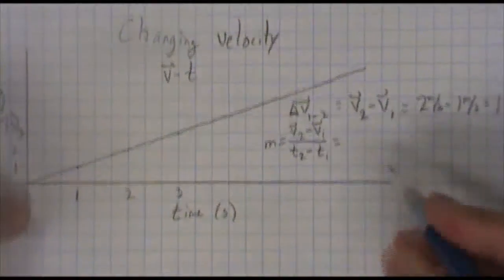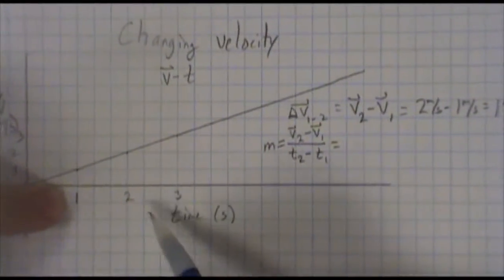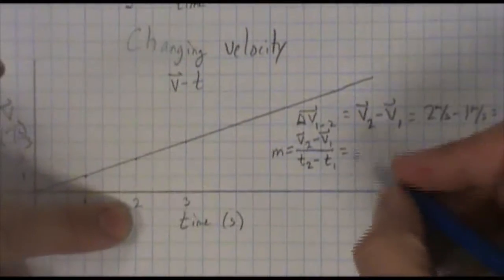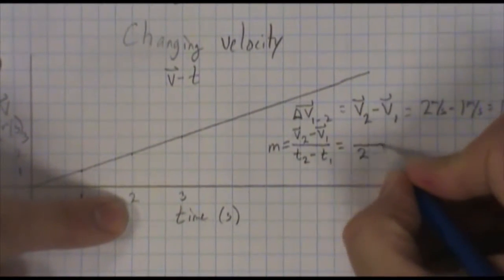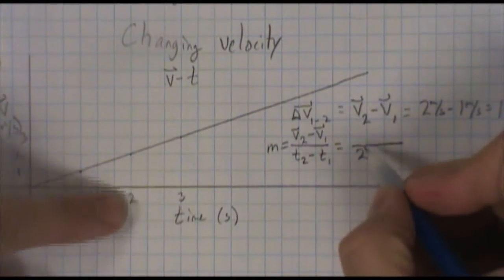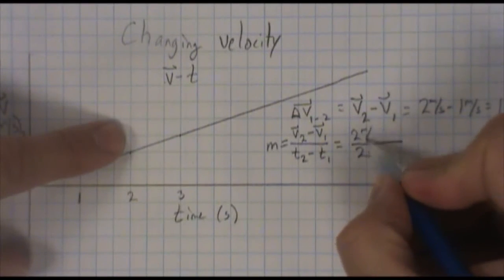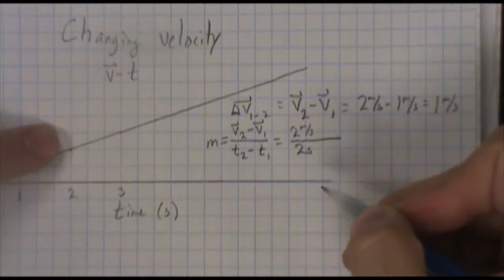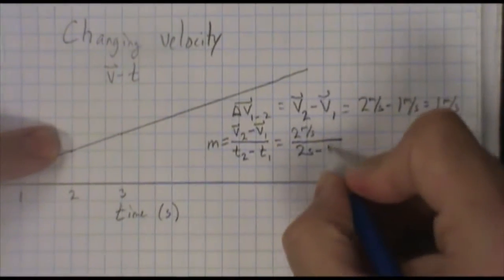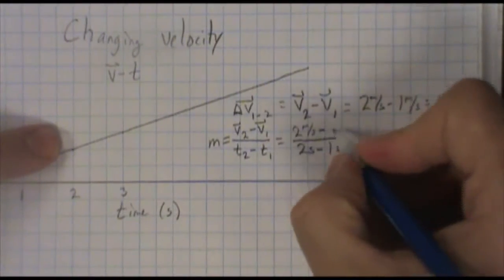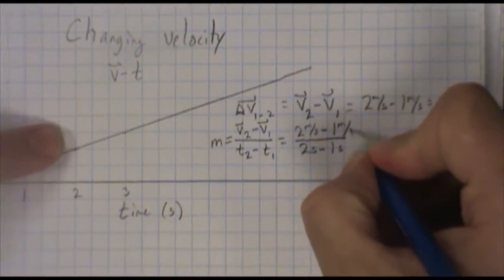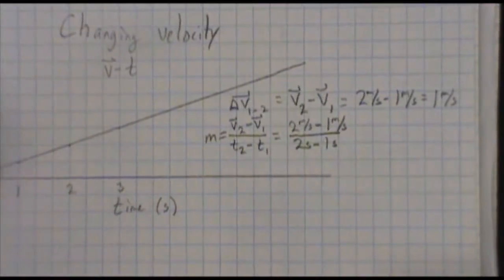We have data points for this. Looking back, our second one first, we have time of 2 seconds, a velocity of 2 meters per second, minus at 1 second, the object was going at a rate of 1 meter per second.